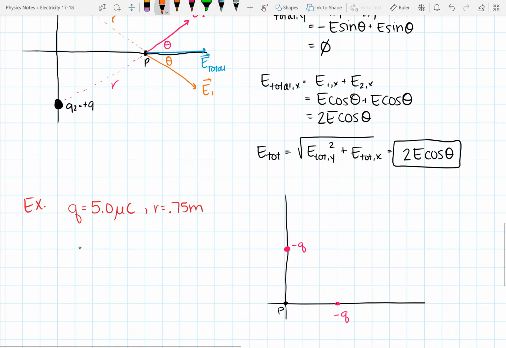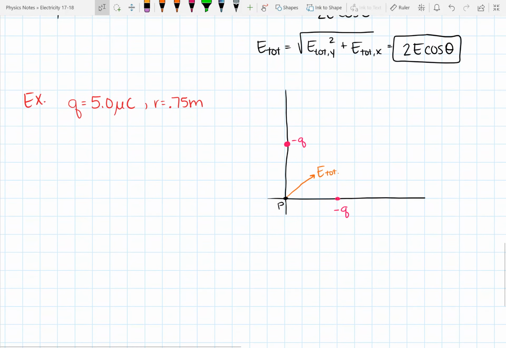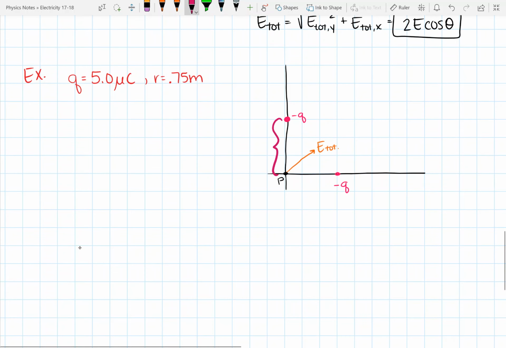So I know that E total is going to go off in some direction, right? So this is going to be R, and this is going to be R.